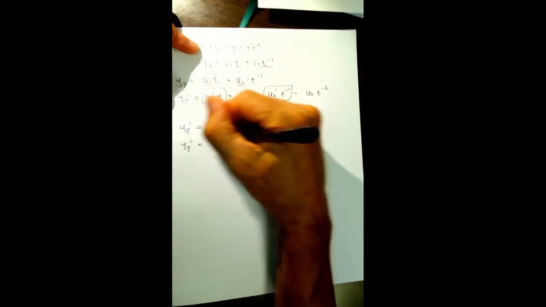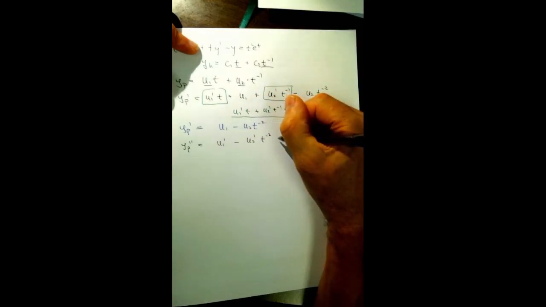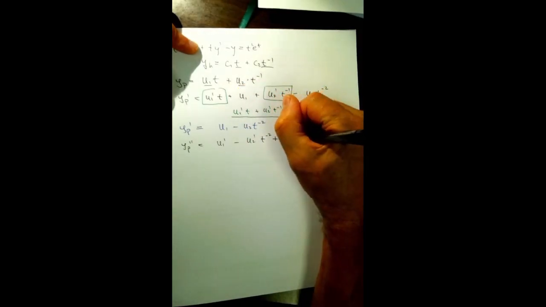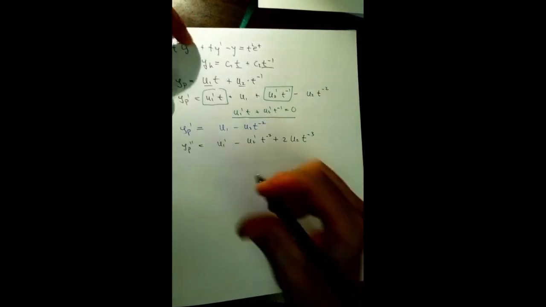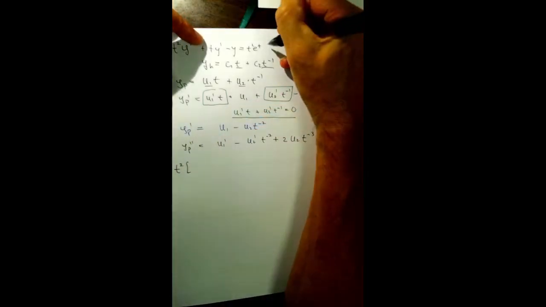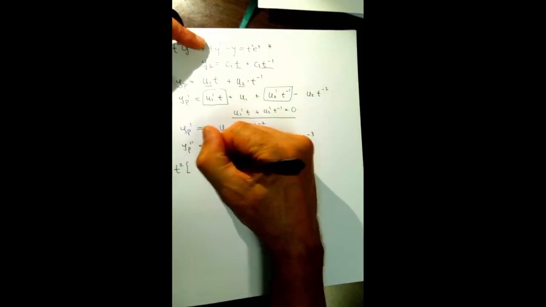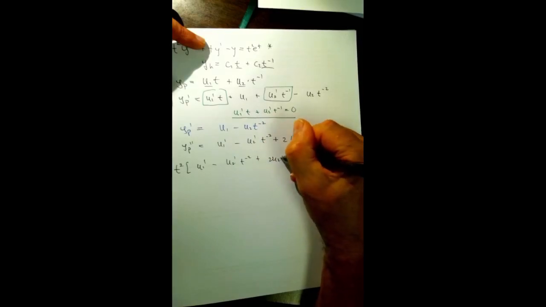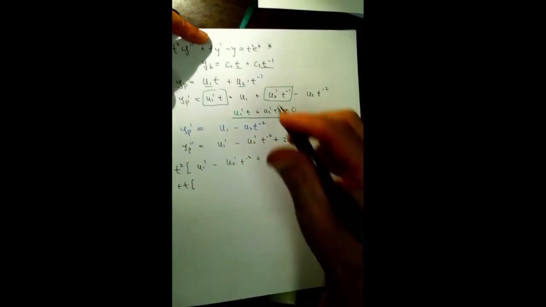So now for the second derivative, yp double prime is going to be u1 prime minus u2 prime t to the minus 2. Derivative of t to the minus 2 is going to be, bring down the minus 2, so minus a minus 2 t to the minus 3. So I get t squared. So I'm plugging back into my particular solution, times the second derivative is u1 prime minus u2 prime t to the minus 2 plus 2 u2 t to the minus 3 plus t times y prime.